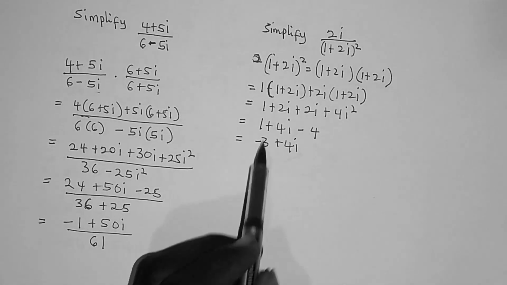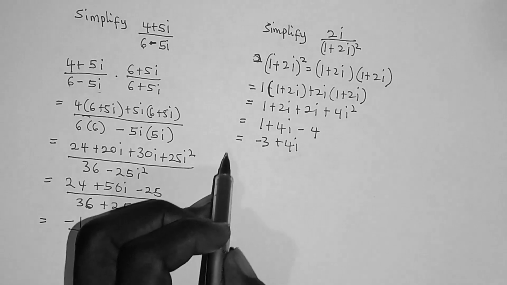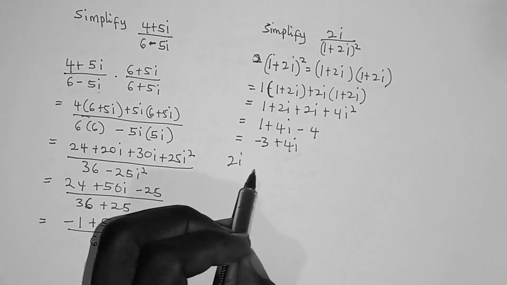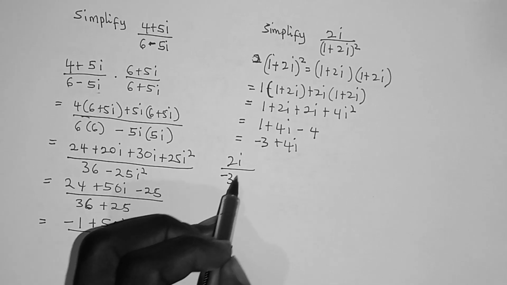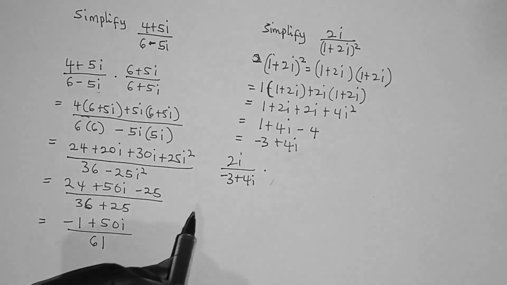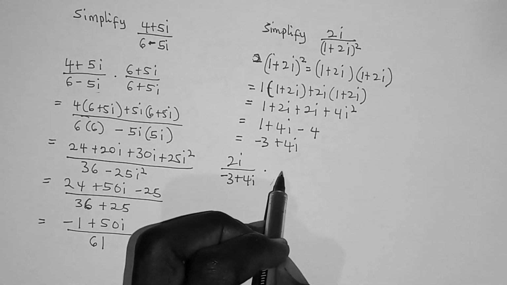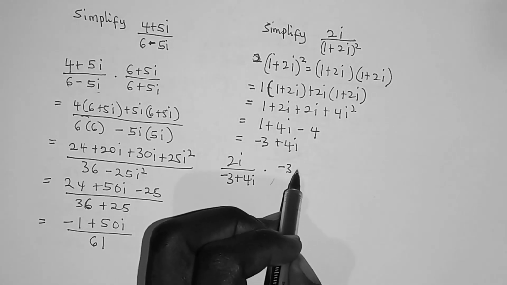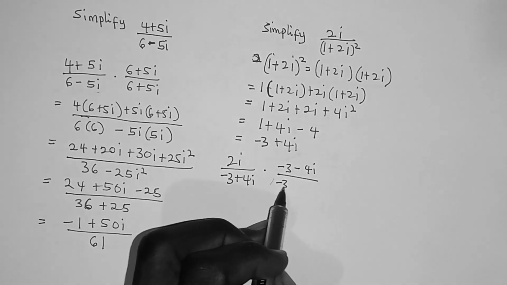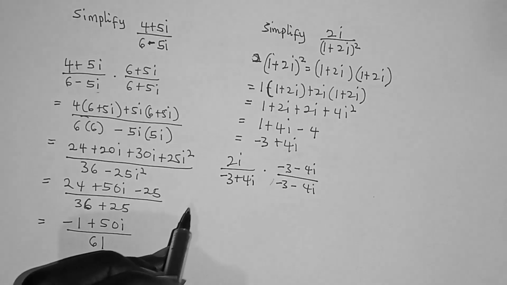So this is the result for the denominator. So the question then becomes 2i divided by minus 3 plus 4i. So you can do this by multiplying the numerator and the denominator by the conjugate, which is minus 3 minus 4i divided by minus 3 minus 4i.